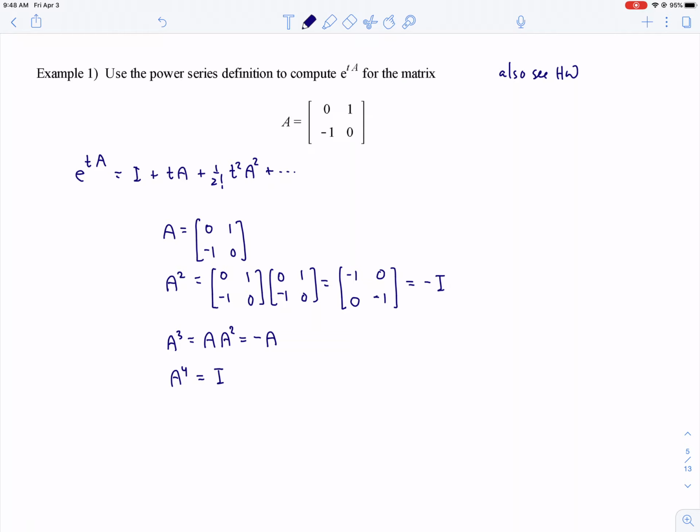And then when I do A to the fifth, that'll be A to the fourth times A. So A to the fifth will equal A, A to the sixth will be A squared, A to the seventh will be A cubed, and A to the eighth will be A to the fourth, etc.